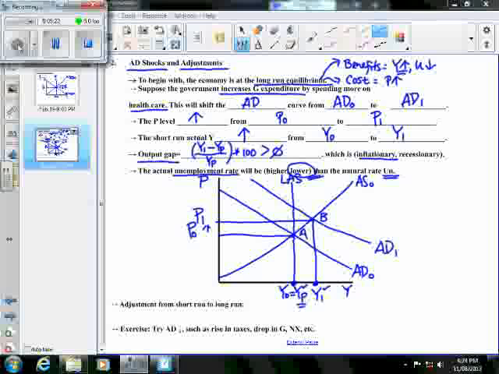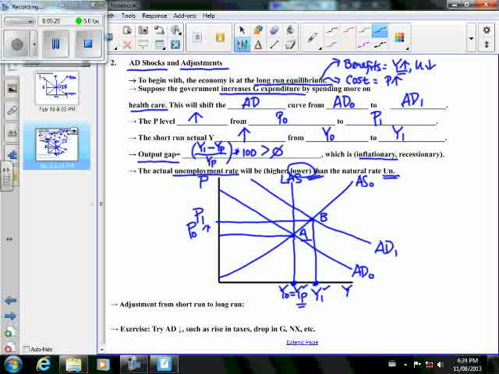How do we go from the short-run equilibrium, moving from A to B, eventually back to the long run? Remember, at point B, we have an economic boom. Unemployment is dropping.